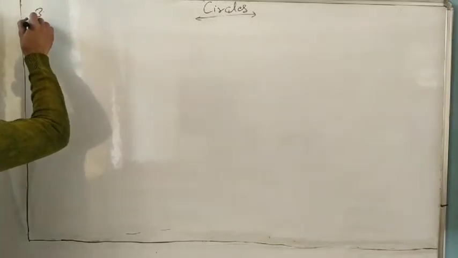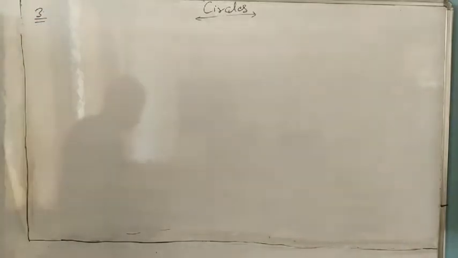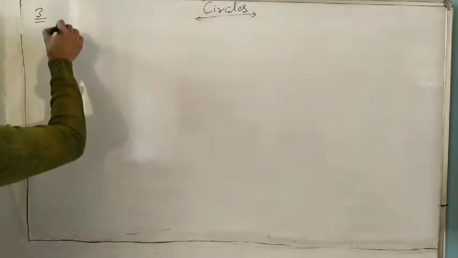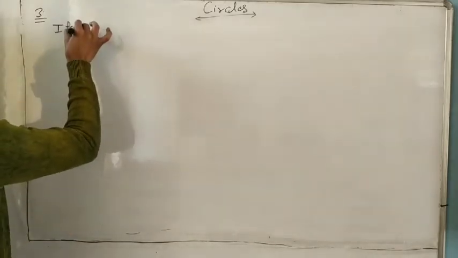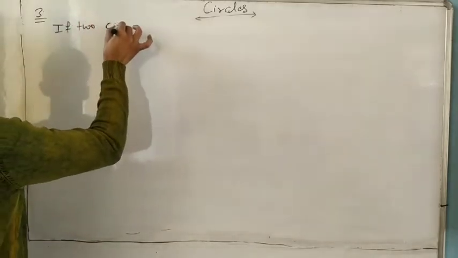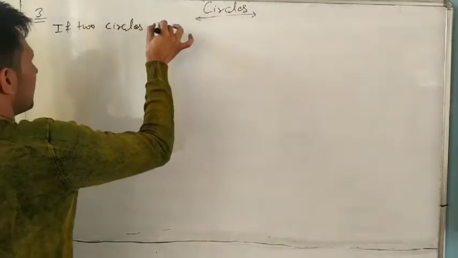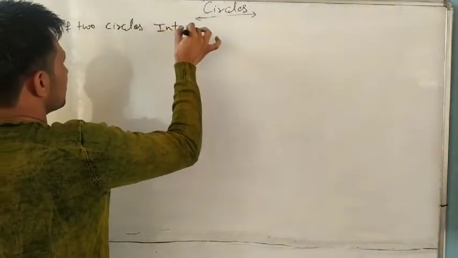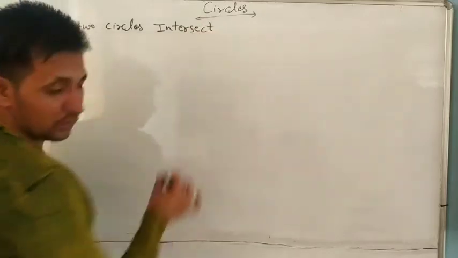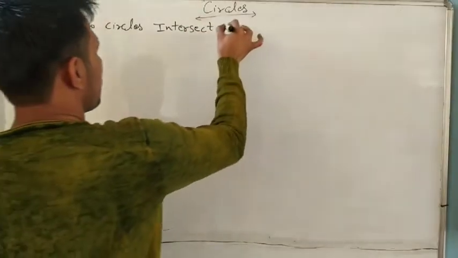Question number 3. What is given: if two circles intersect at 2 points.